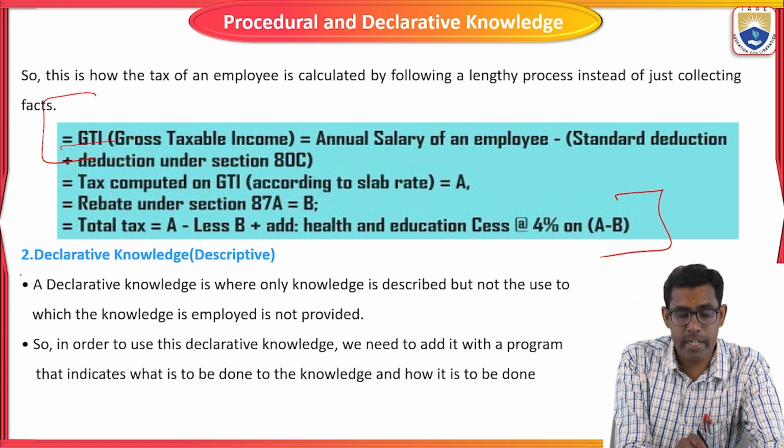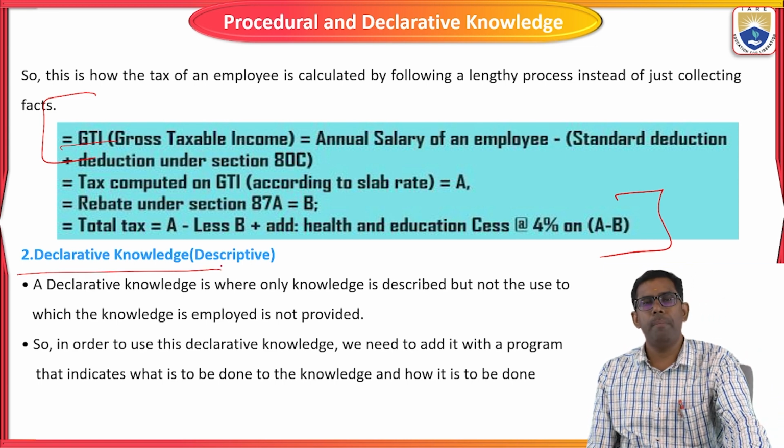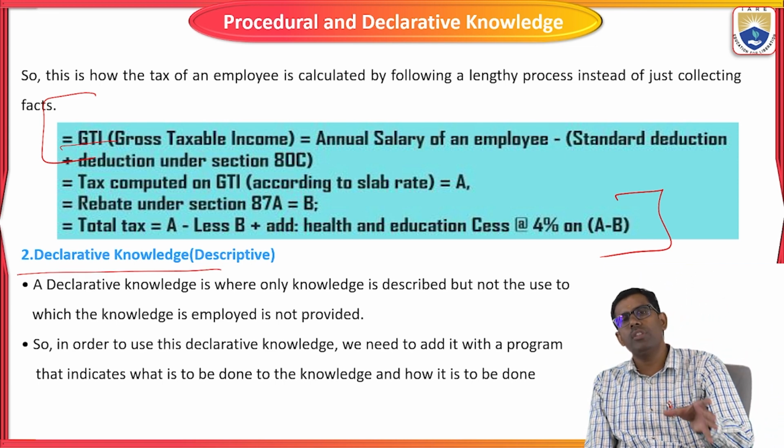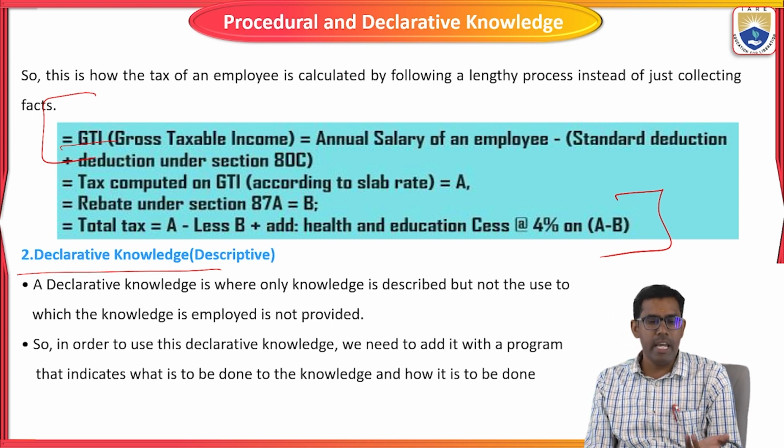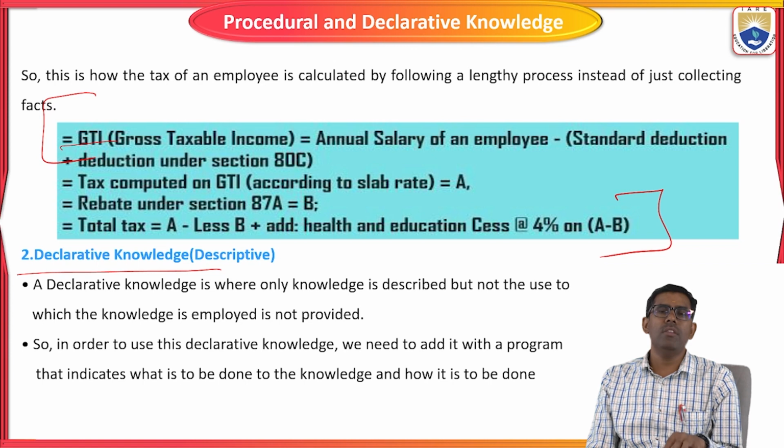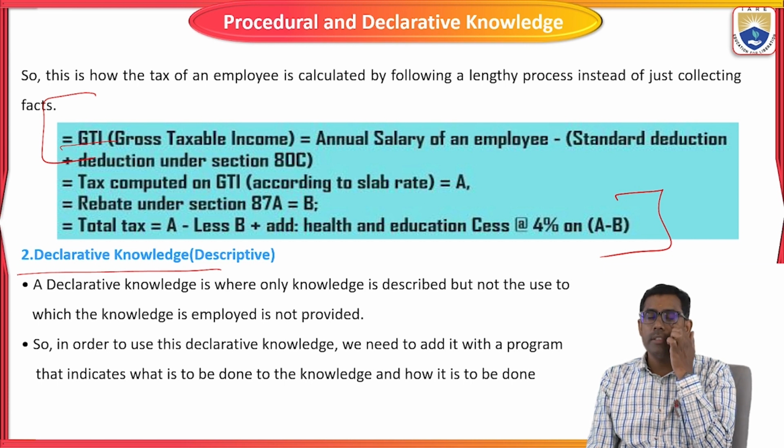Okay, the next one is declarative knowledge. It is better than procedural knowledge. In procedural knowledge we have to follow a certain procedure, a set of rules. Here, based on the object and the fact, declarative knowledge is applied. So that is descriptive, in a general way.